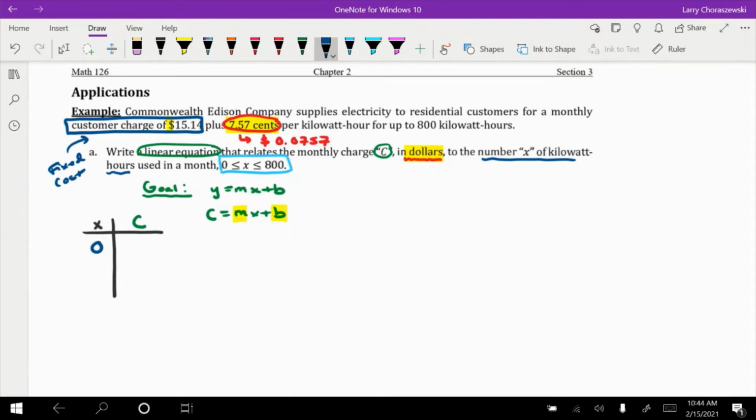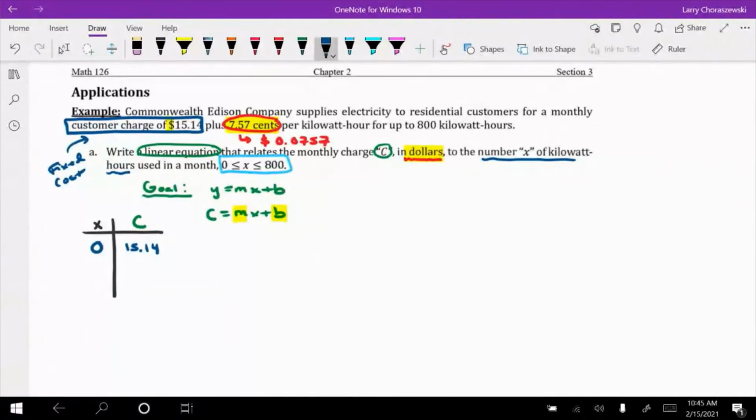But anyhow, if you're enrolled with this company, getting electricity from them, and you don't use any electricity in a given month, you still have to pay this customer charge. So it's a fixed cost, and those are quite prevalent in the real world. So here we go, $15.14.